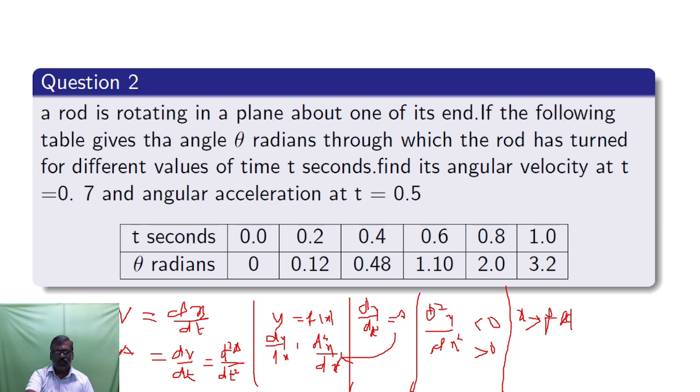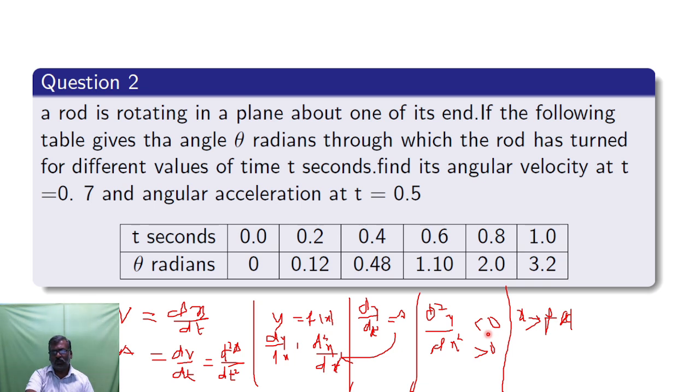First, we find the polynomial f of x, then find dy by dx and d squared y by dx squared, then apply dy by dx equal to 0. You get some x values; substitute them in the second order derivative. If the value is less than 0, the function is a maximum.